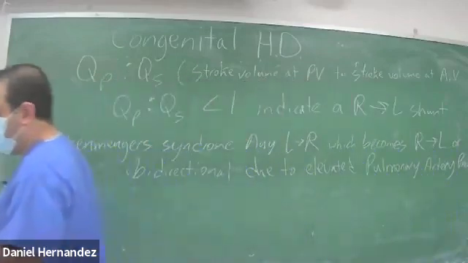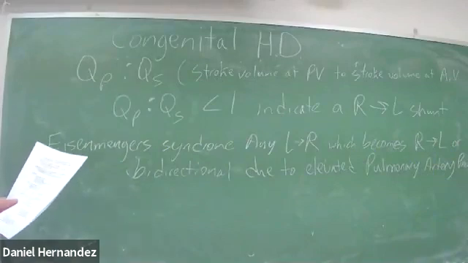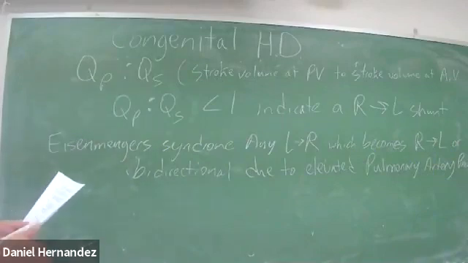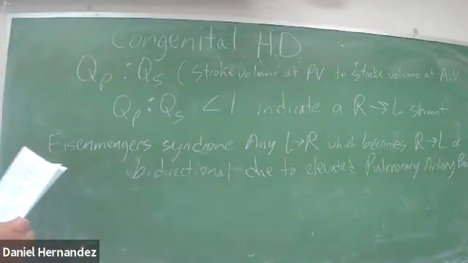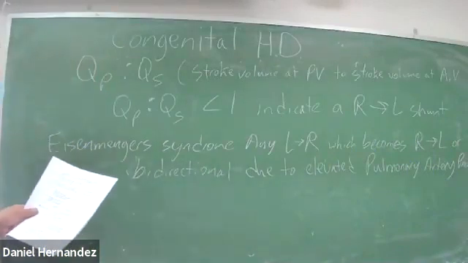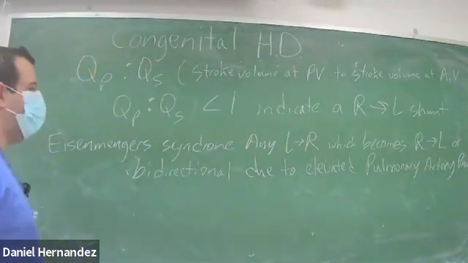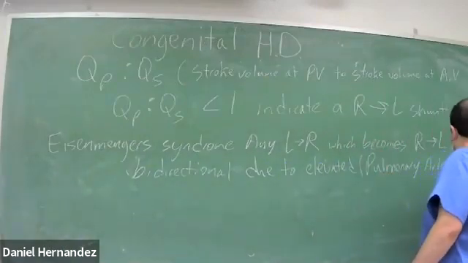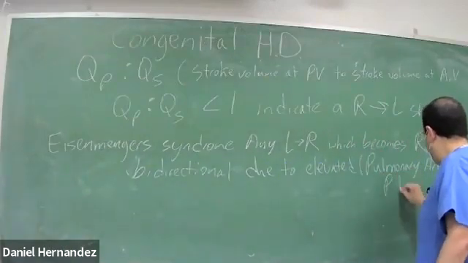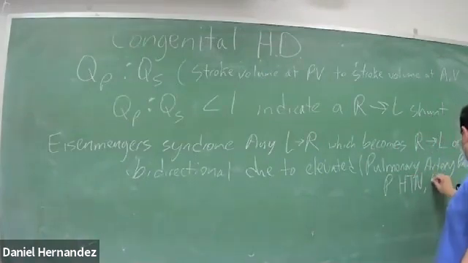So Eisenmenger syndrome is any left to right shunt that becomes a right to left shunt or a bidirectional shunt due to elevated pulmonary vascular resistance or elevated pulmonary pressure, pulmonary hypertension. You could put all those words in there: pulmonary artery pressure, pulmonary hypertension, pulmonary vascular resistance.